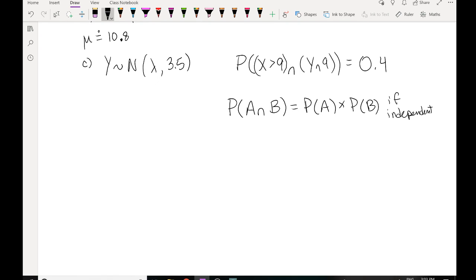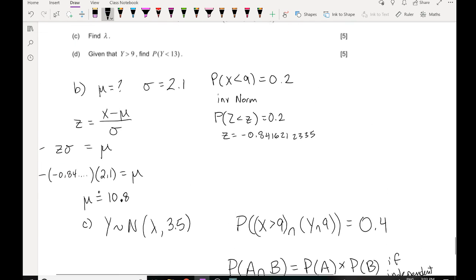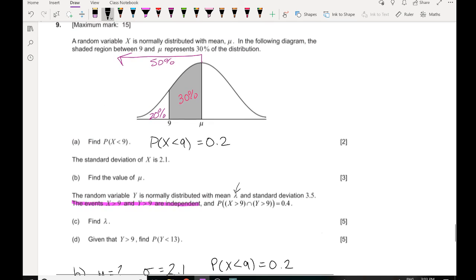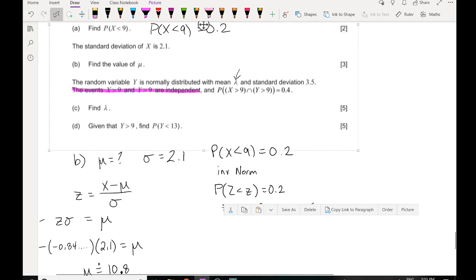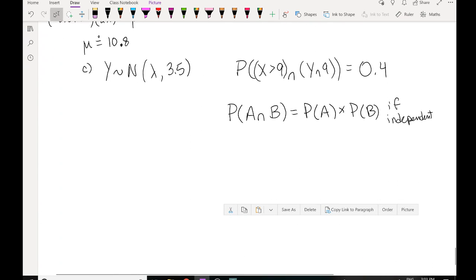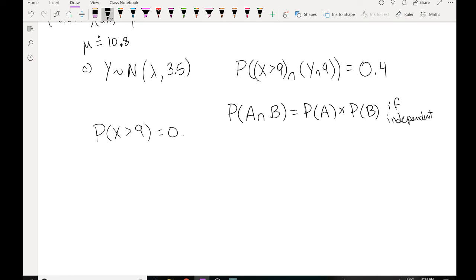And so to that end, I can just go and evaluate here. The probability that x is greater than 9, I kind of know, don't I? Because earlier I know the probability that x is less than 9 is 0.2. So the probability that x is greater than 9 is 0.8. The probability that y is greater than 9, I don't know yet.